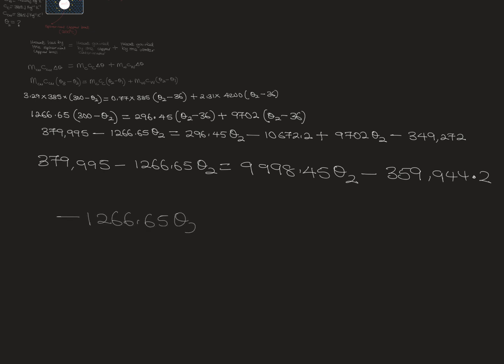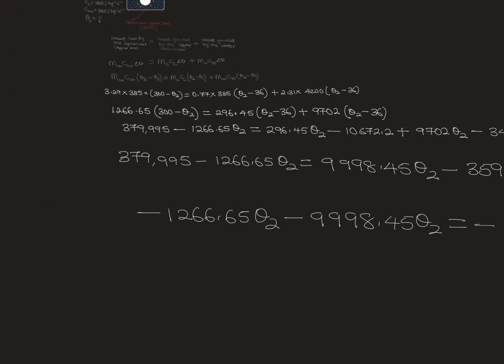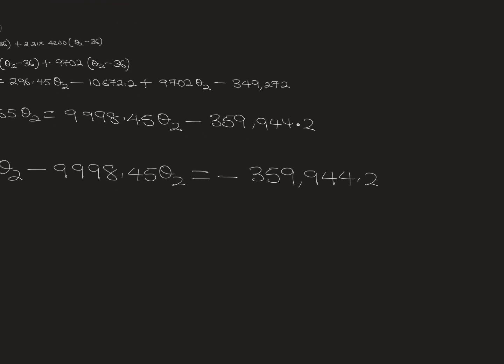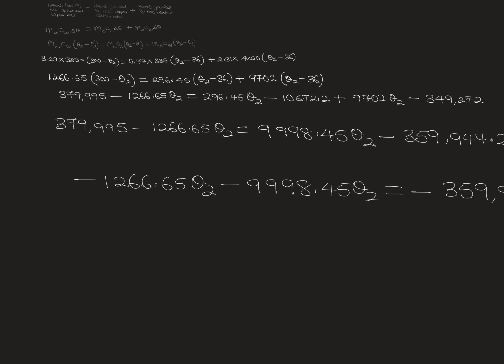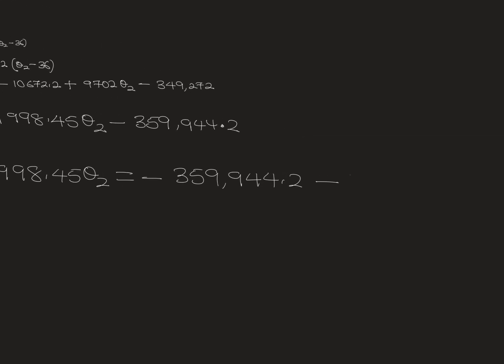So to collect like terms, we can say minus 1,266.65 theta 2 minus 9,998.45 theta 2 is equal to minus 359,944.2 minus 379,995.